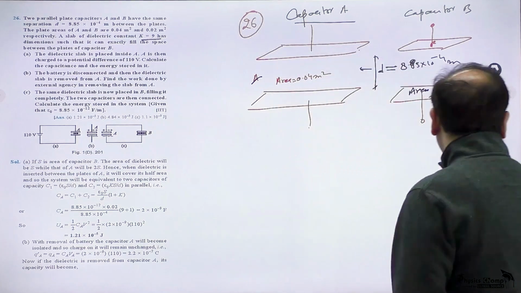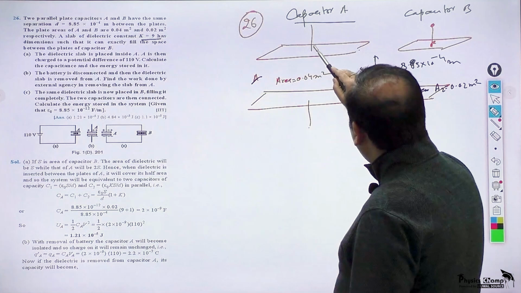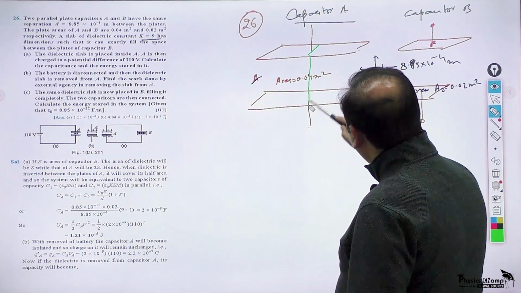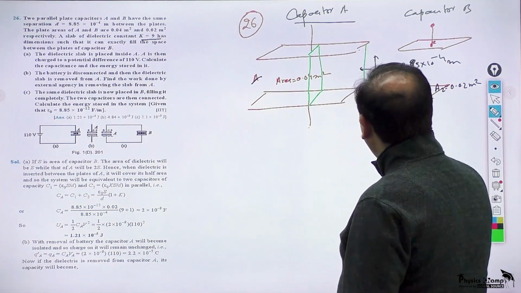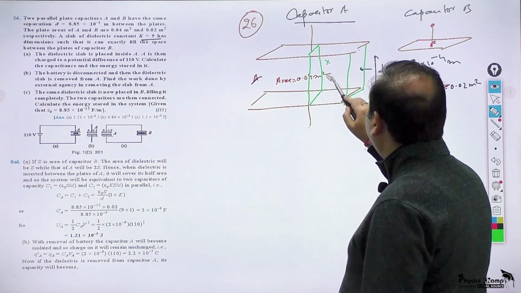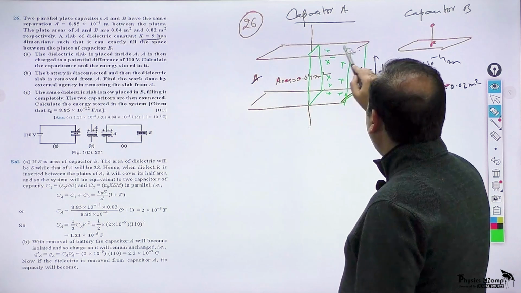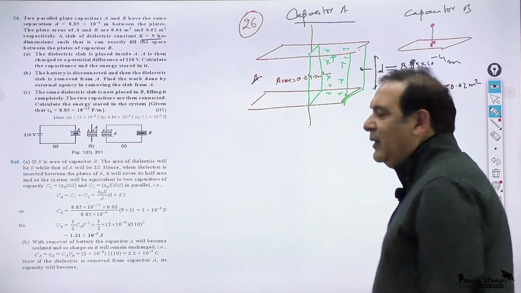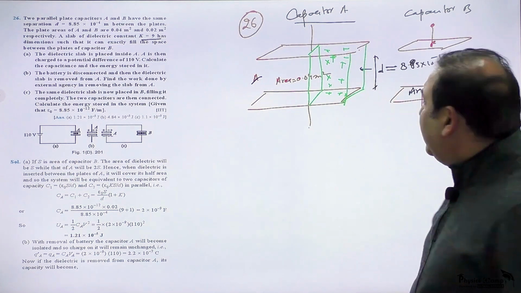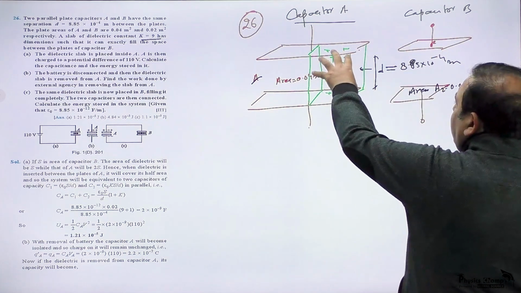So just imagine that there is a slab of dielectric which has just the same area as that of plate B. It means half. If it is filled in capacitor A, it will have the same dimension as that of B, it will just fill half of it.